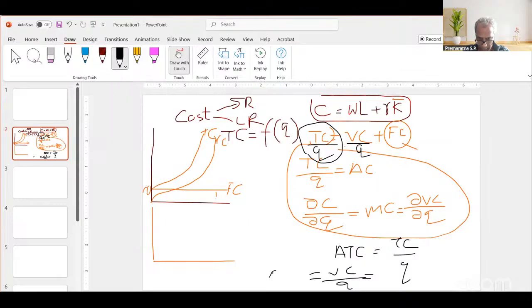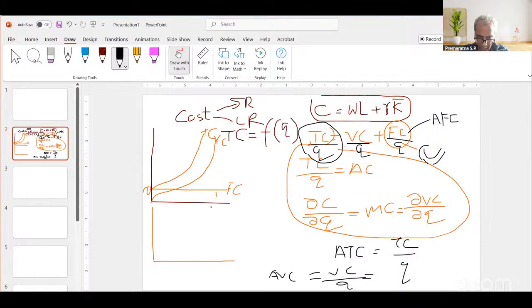And the fixed cost F divided by Q gives the average fixed cost. All of these average cost curves are U-shaped. What does that mean? Initially the average cost is a little high and then it decreases after a certain level.